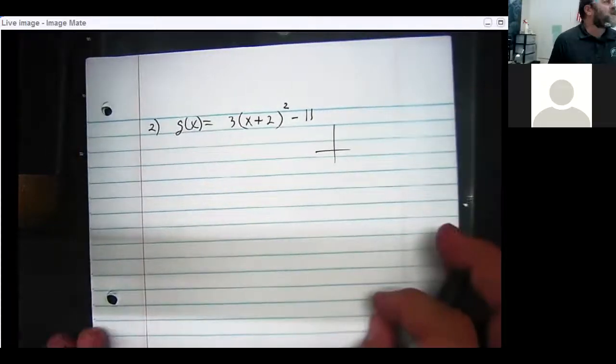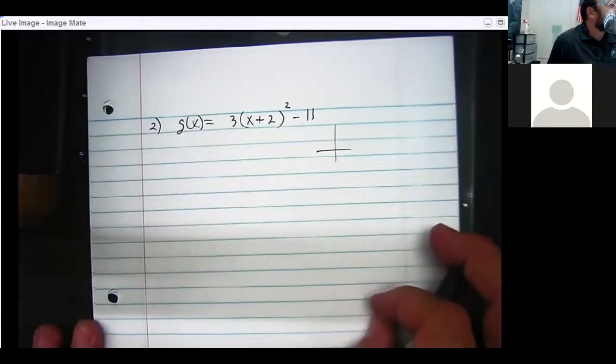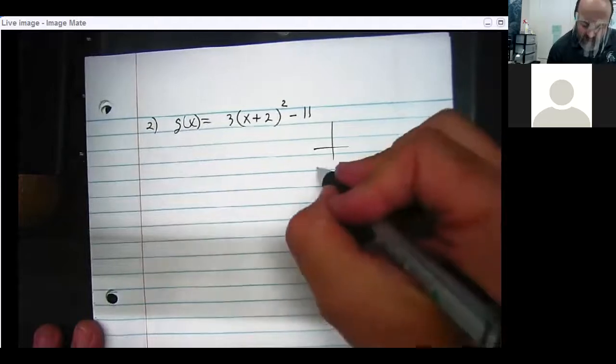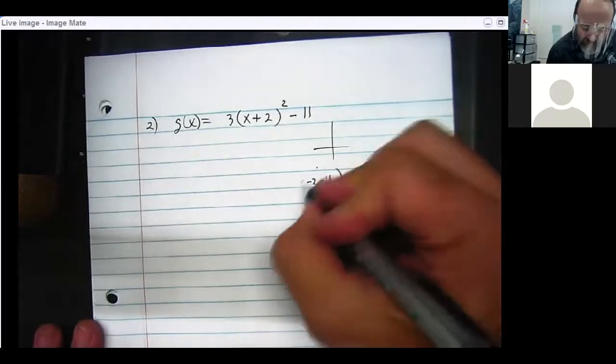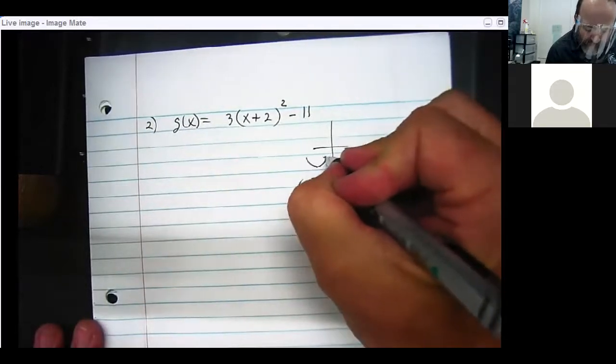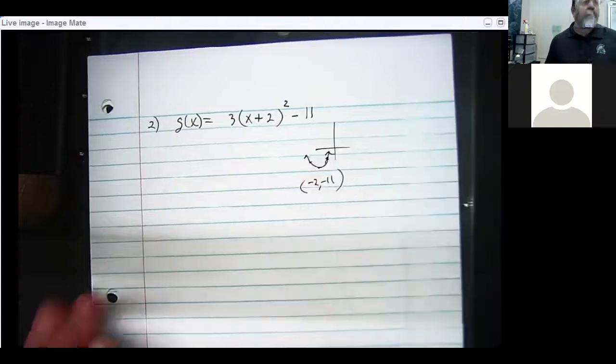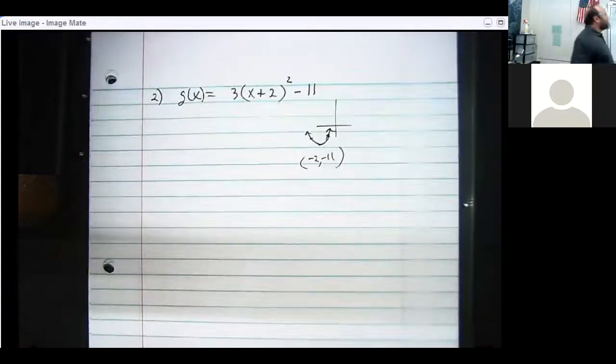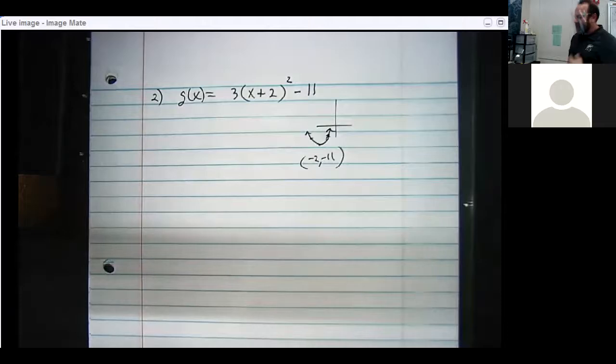So guys, where's the vertex? -2, -11. It's some parabola down here, right? Certainly not 1-to-1 yet. See if you guys can do it. See if you can go through the process to make that function actually invertible and find its inverse.